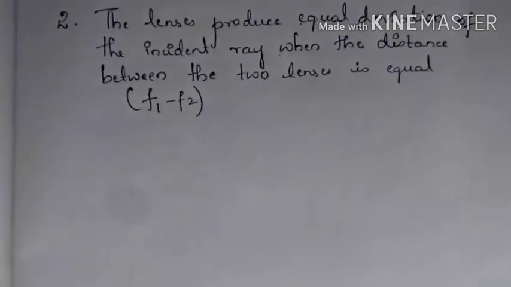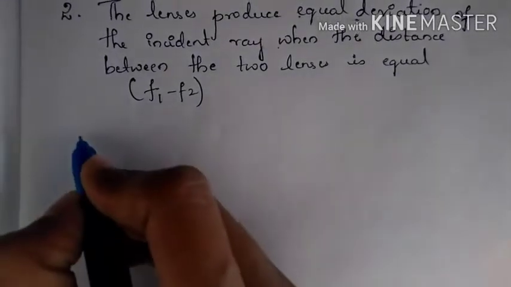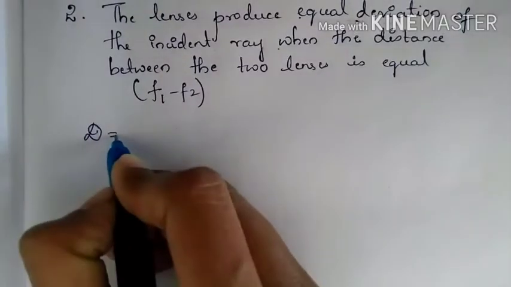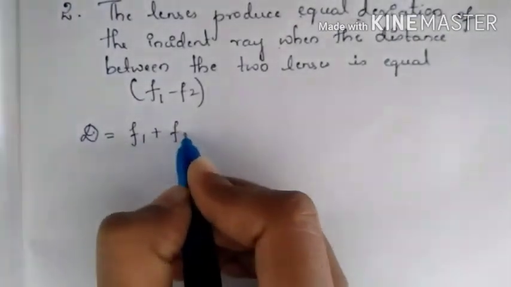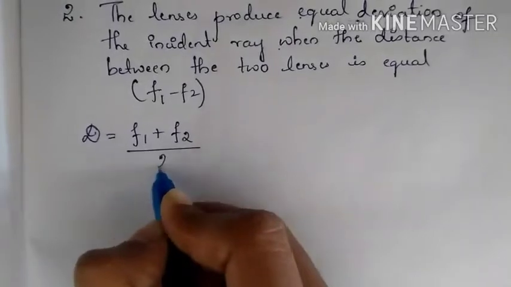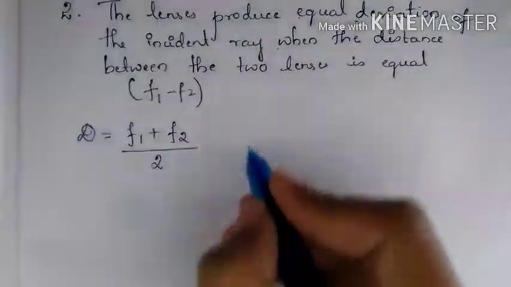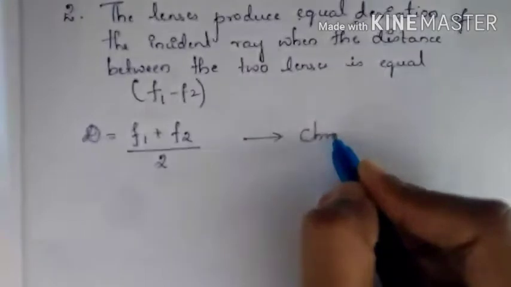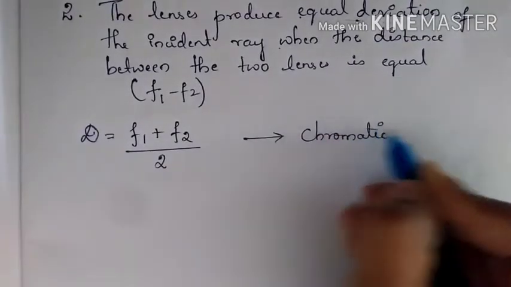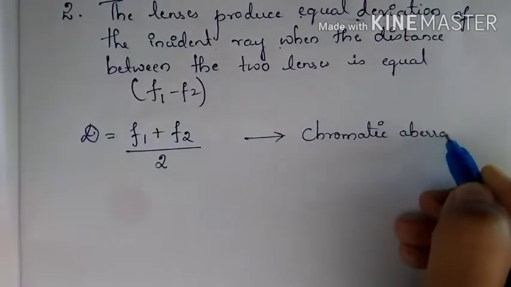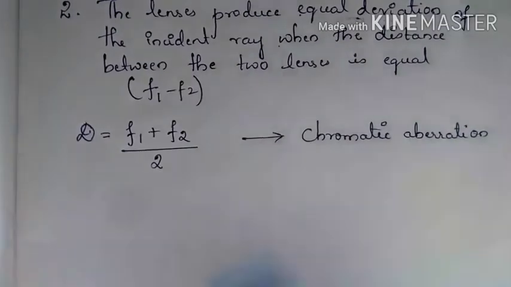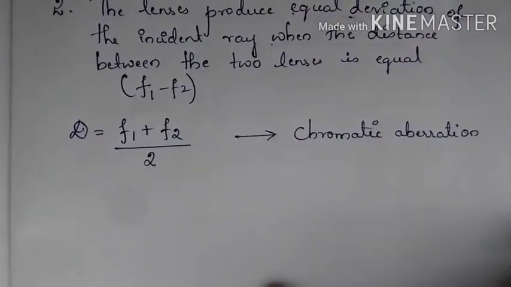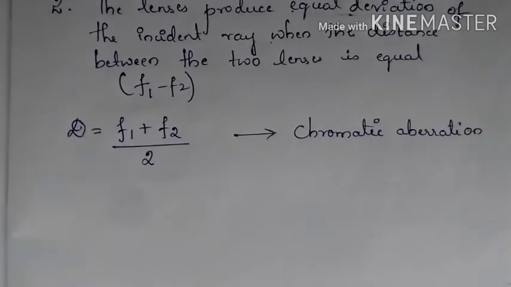So first, to eliminate the chromatic aberration, D should be equal to what? F1 plus F2 divided by 2. So this is for the chromatic aberration. F1 is the focal length for the first lens and F2 is the focal length for the second lens, and D here is the separation distance between the two lenses.